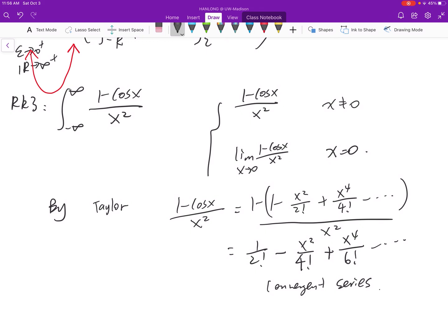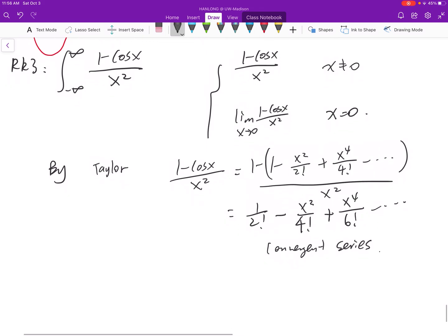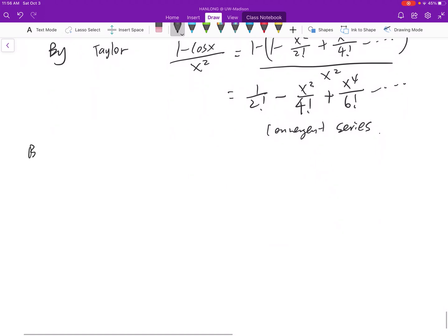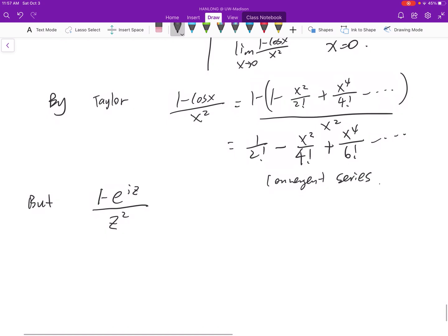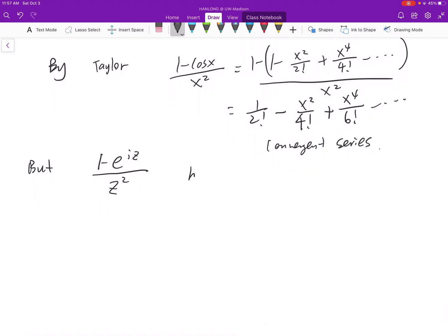Okay. But if you look at this function, it has a pole at z equals 0.